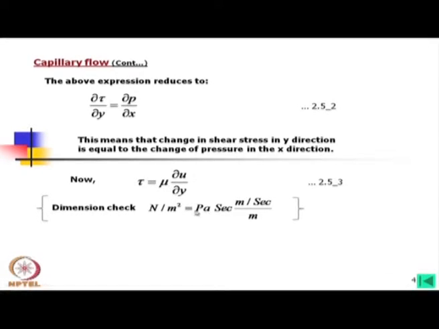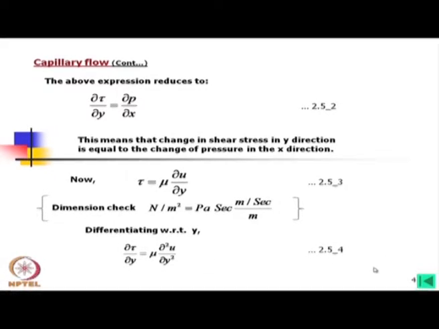So, mu is given in Pascal seconds and this is meter per second by meter, so this is Pascals, meaning Newton per meter square. Now, differentiating with respect to y, what we get is del tau by del y equal to mu del square u by del y square. We have differentiated this one and we get this.